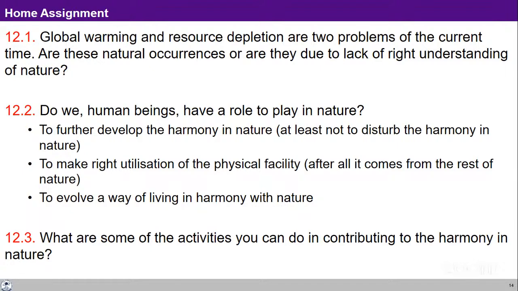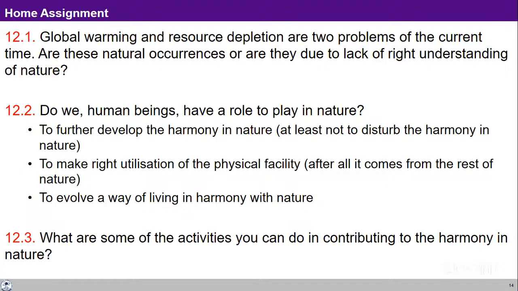Because of human intervention, we are disturbing the harmony of nature. So what should be our role to maintain that harmony? We just need to maintain that harmony so that we can help in maintaining the harmony of nature.